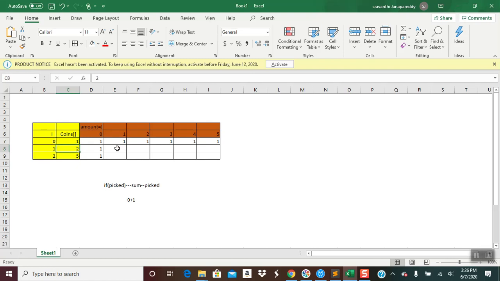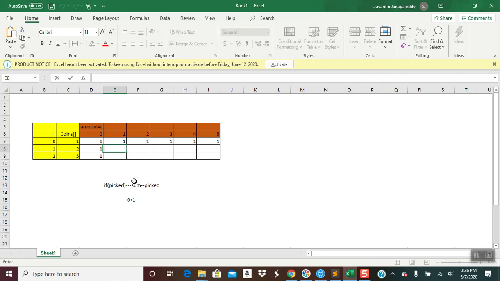So which means we again have to follow the formula: if it is picked and if it is not picked. If it is not picked, just simply take the previous value, this one, because we have already processed it. If we are not picking, what else is left? 1 is left. When 1 is left, can you make sum 1? Yes.